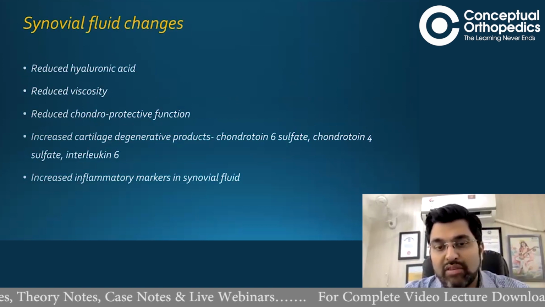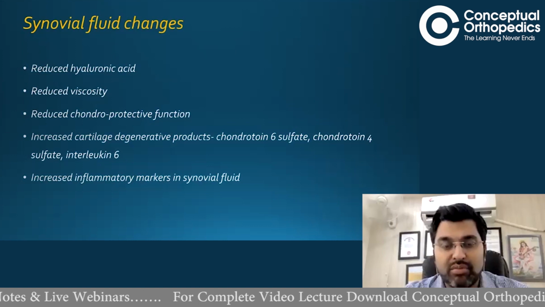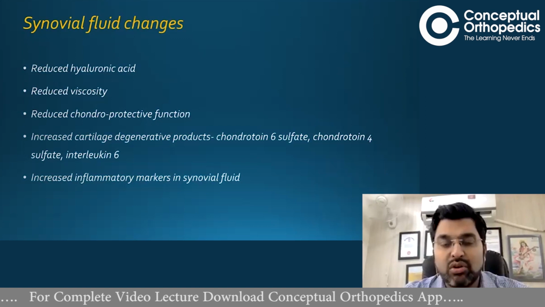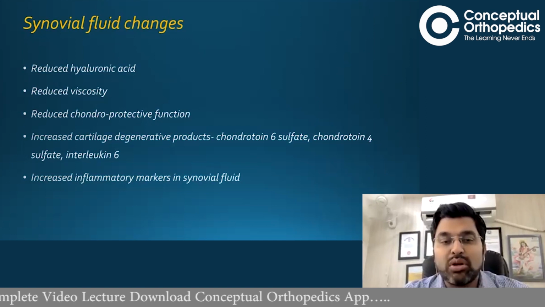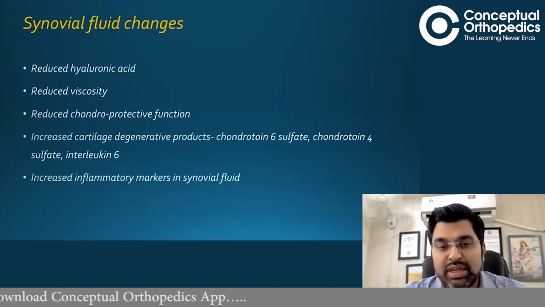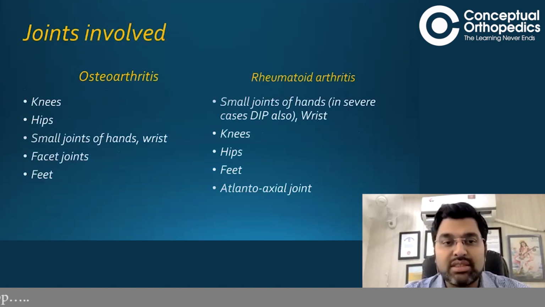Also, if you check the synovial fluid, there will be a high concentration of inflammatory markers. So you have to understand that even osteoarthritis at the molecular level has an inflammatory pathway which is mediating this process. As you know, osteoarthritis mainly involves knees, hips, small joints of hand, facet.